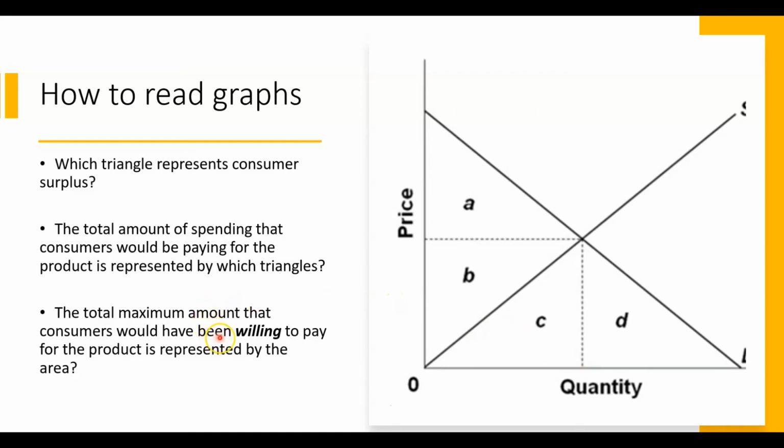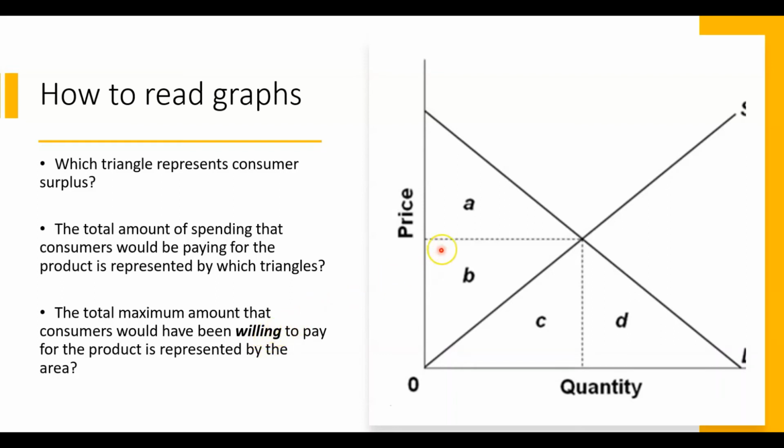Now the third question asks you, what is the total maximum amount that consumers would have been willing to pay for the product? Which triangles capture total consumer willingness to pay?